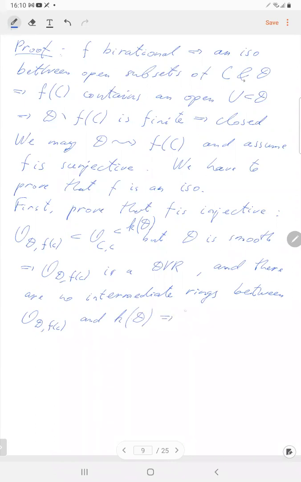So we conclude that it's an equality. Our morphism f induces an isomorphism of local rings.